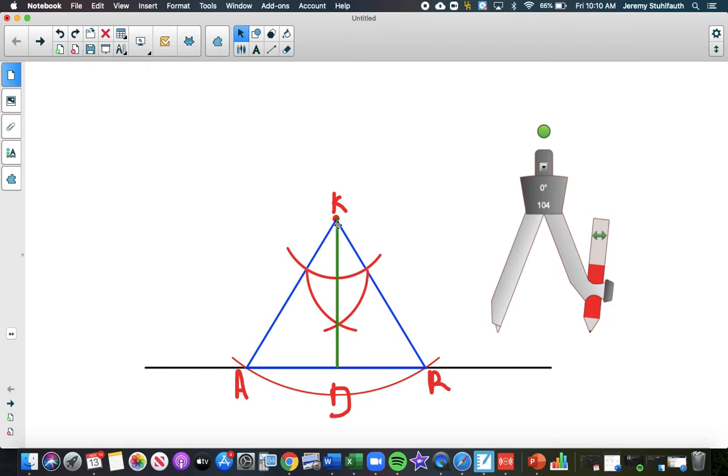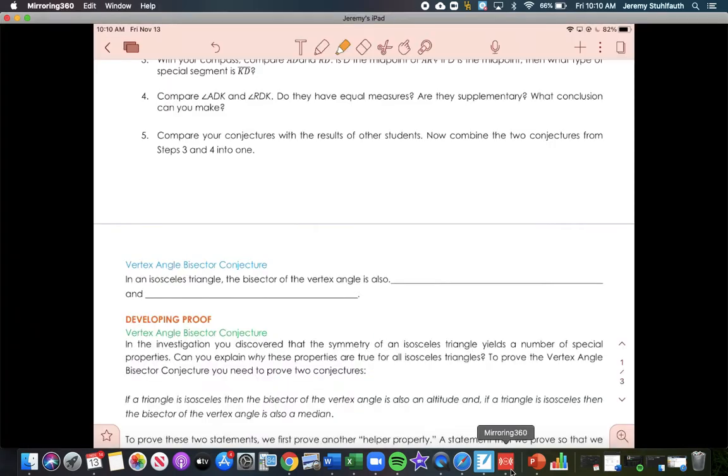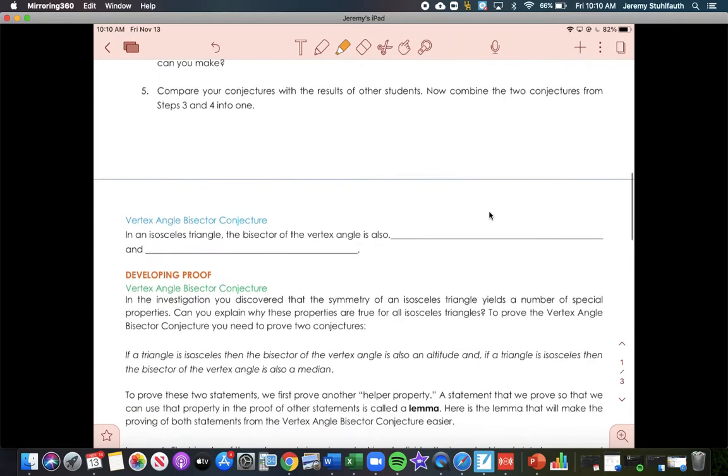So KD is an altitude, angle bisector, and a median, which, if you think back to what we were just talking about, we asked, can all three of those segments be the same line? In this case, they are. So if we jump back to our notes, we have this vertex angle bisector conjecture.